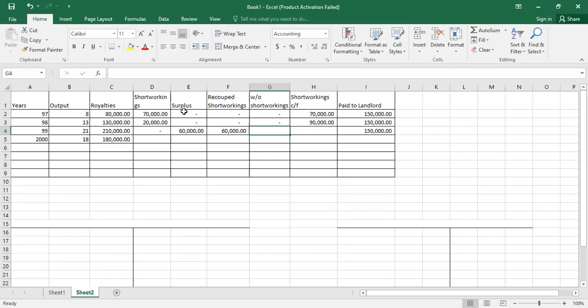So are we writing off yet? No. Not yet because you're still in the contract. We are in the third year. The contract stipulates third year.